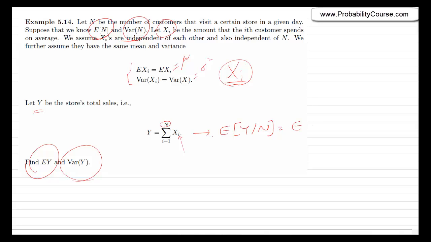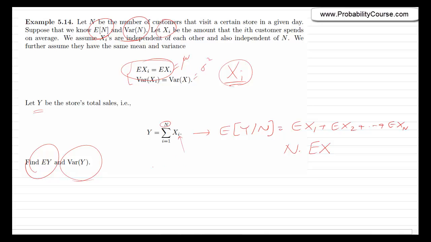So its expected value is just the expected value of X1 plus the expected value of X2 plus up to the expected value of XN. And note that the Xi's are independent of N as well. Because they have the same expected value, this is just N times the expected value of X, by the assumption of the problem.